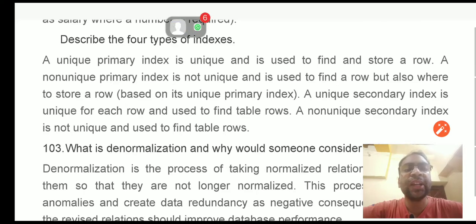A unique secondary index is unique for each row and is used to find table rows. And last is the non-unique secondary index, which is not unique and is used to find table rows. So we have learned about these four types of indexes: unique primary index, non-unique primary index, unique secondary index, and non-unique secondary index.